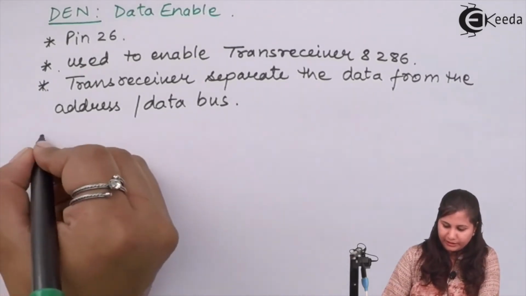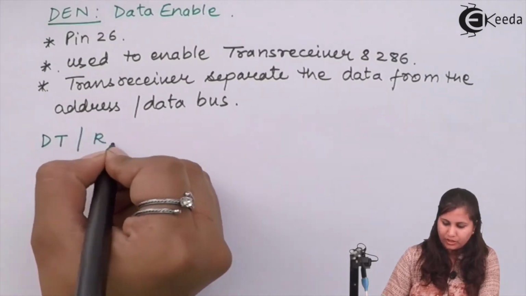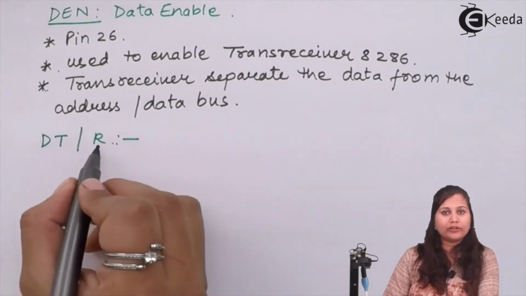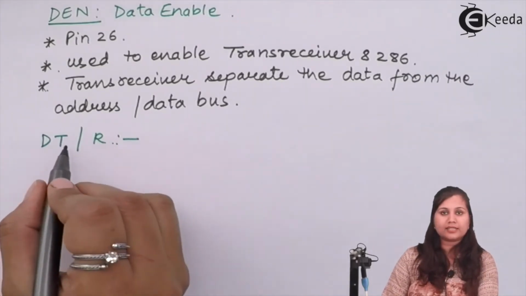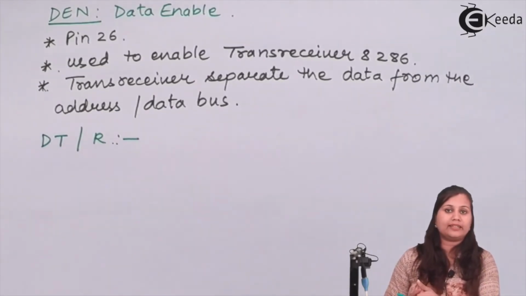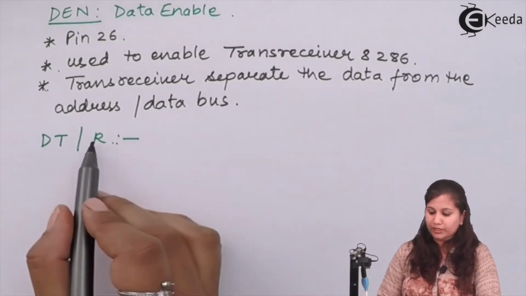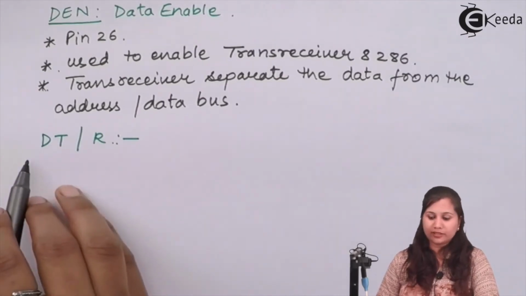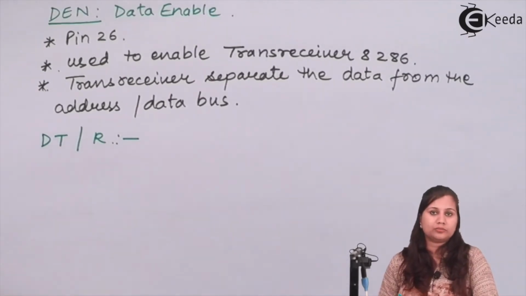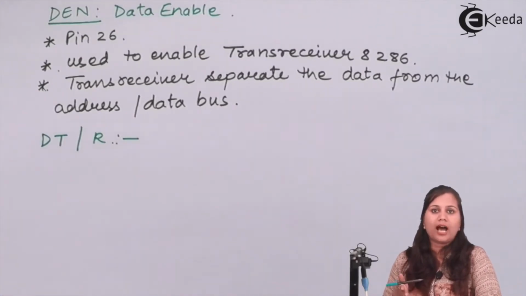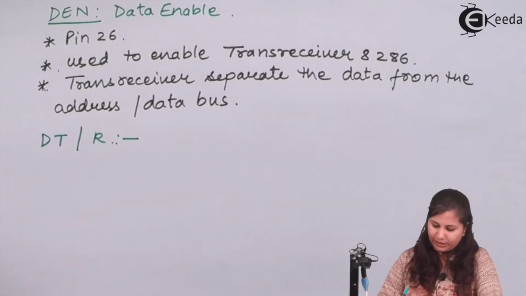Next we have DT/R. The full form of this is data transmit or receive. This signal is used to indicate the direction of flow of data, means whether the data is coming towards the 8086 or going out of the 8086.